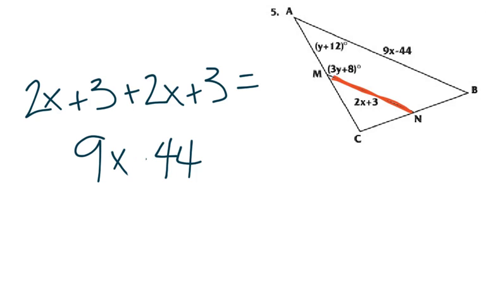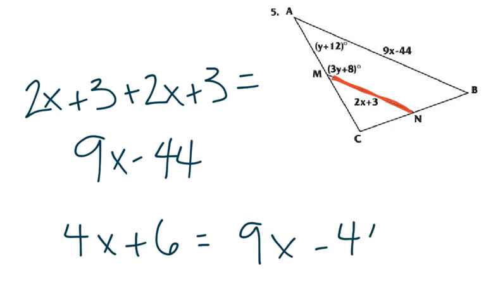I keep saying plus, it's minus. That would change everything. Okay, I have it right now. So, again, 2 of the midsegments equals 1 of the long side. So I'm going to combine like terms. I'm going to get 4x plus 6 equals 9x minus 44.